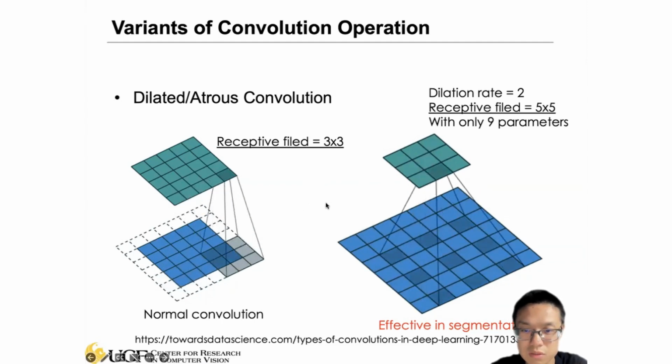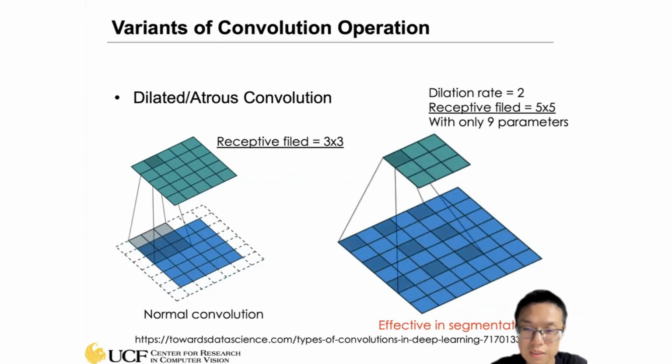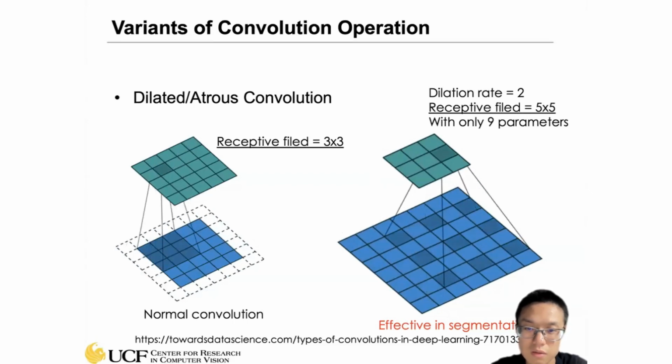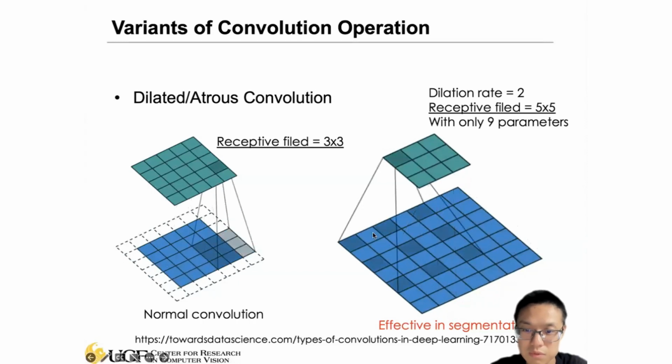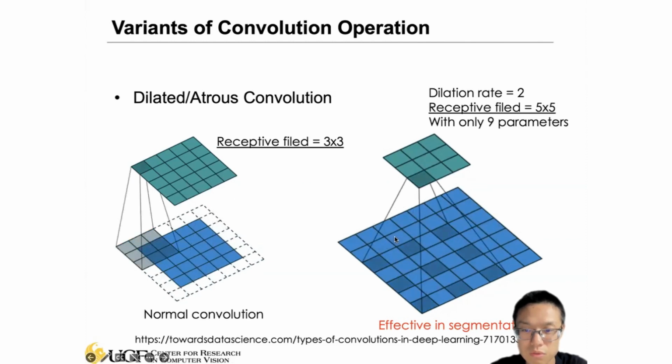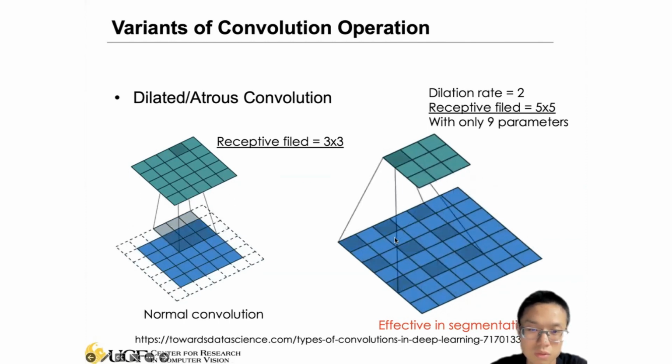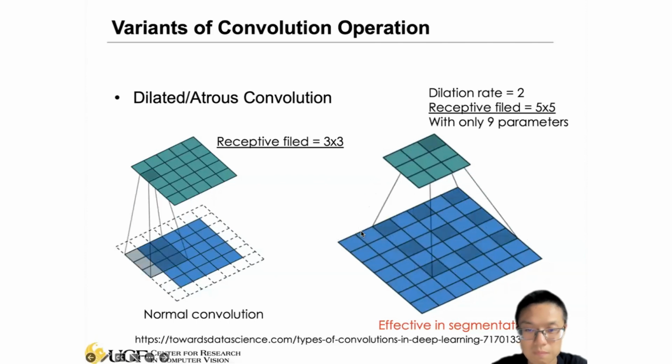If you have a very small region to look at, then you don't know much about the context. There's not a lot of global information or larger context to understand that this is the boundary, and that there are pixels belonging to other objects I have to be aware of. But if you increase the receptive field size, then you know a wider context. Maybe in this case, you're able to learn to distinguish these two different objects.